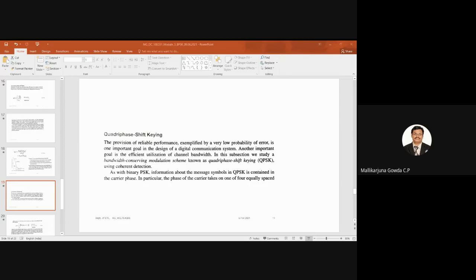Here, efficient utilization means that if I am able to transmit more bits with the available bandwidth, then I can say I am able to achieve a higher data rate. If I use BPSK modulation, I will be able to transmit only 1 bit per second. Let me see how QPSK is able to transmit 2 bits per second. That is why it is called a bandwidth conservation modulation scheme.